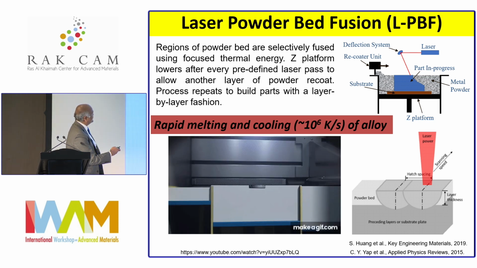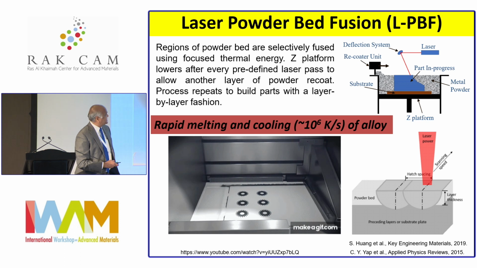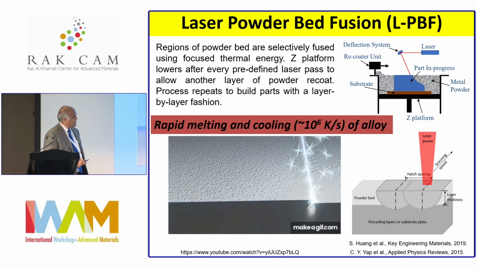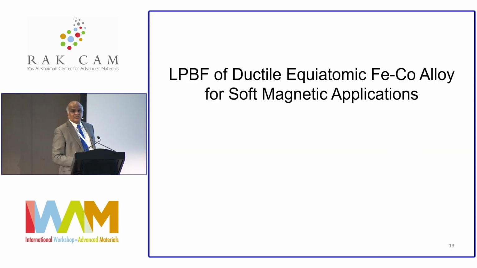You get essentially 10^6 kelvins per second cooling rates. So we can exploit that, right? Let me give you an example of how we exploited it.